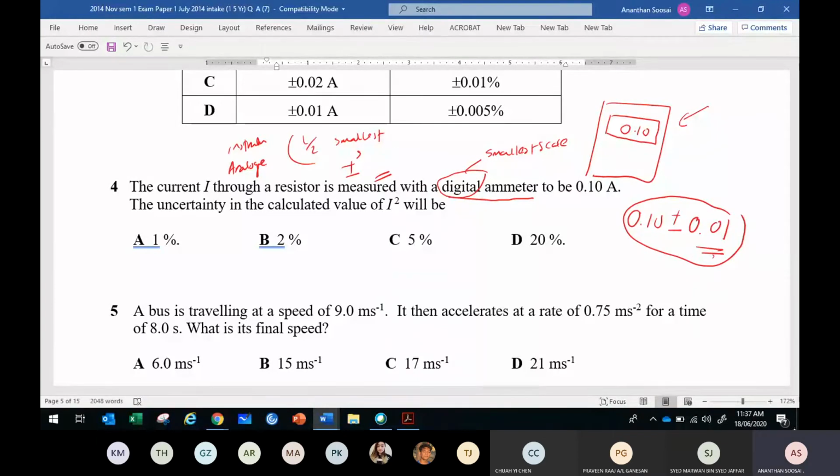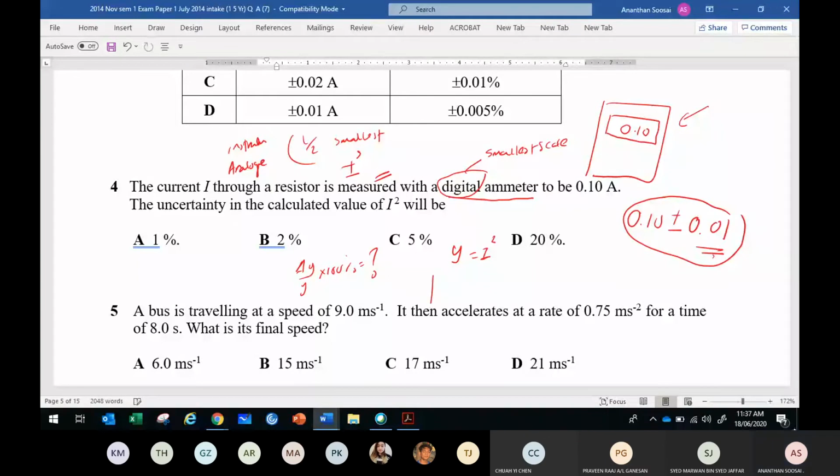So you put a formula: Y equals I squared. You are looking for the change in Y over Y times 100%, because Y is I squared.